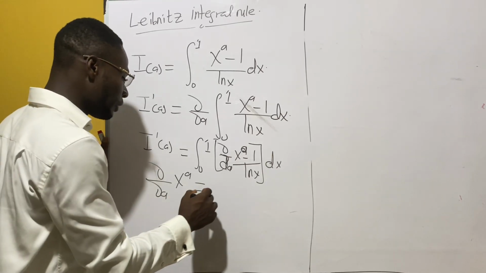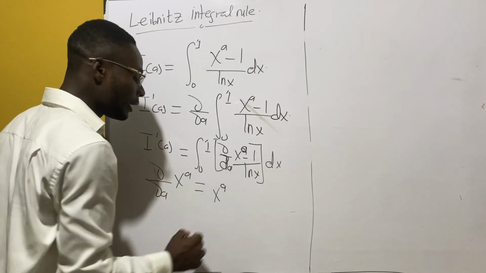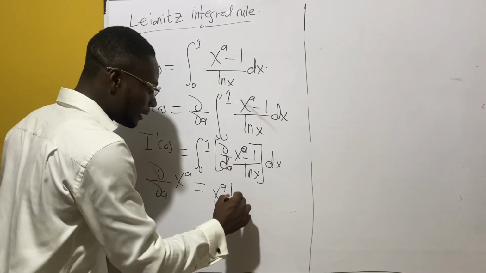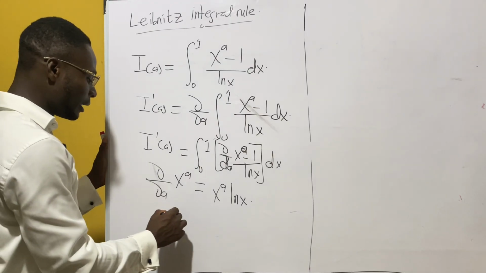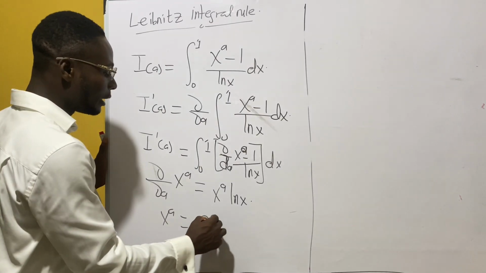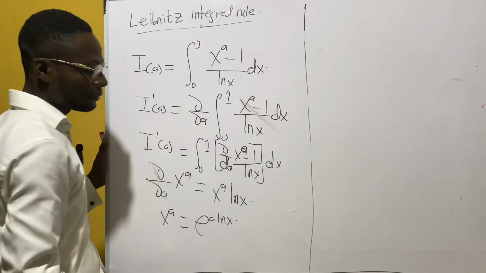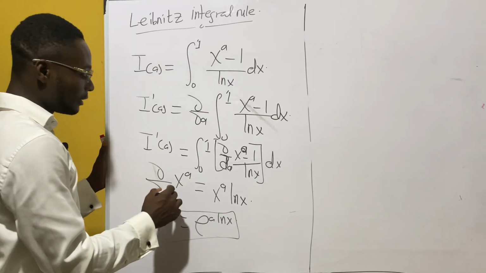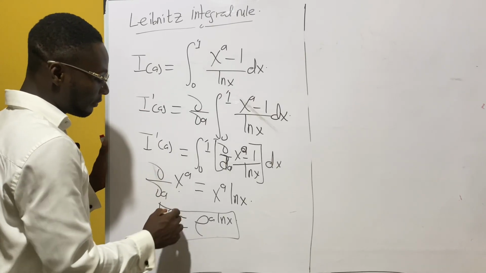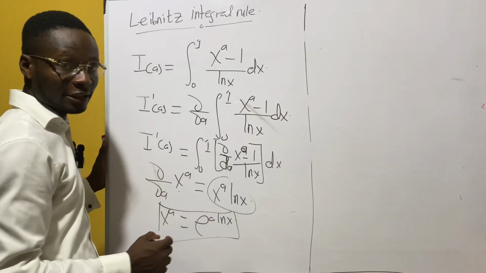So we are going to have x^a ln x. Of course, you know that x^a is the same as e^(a ln x). So if it is like this, then the partial derivative of it will be equal to this.